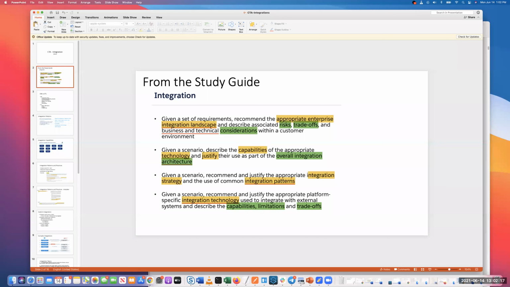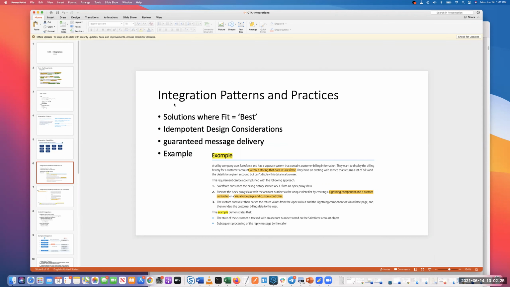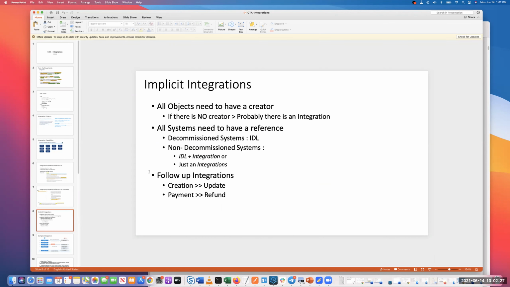Any other questions on integrations? What I want to highlight is make sure you are aware of the implicit integrations. If you see any other ways to find them, please let me know, I can edit here.